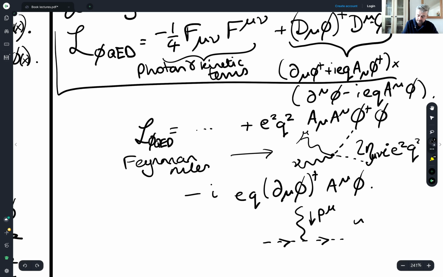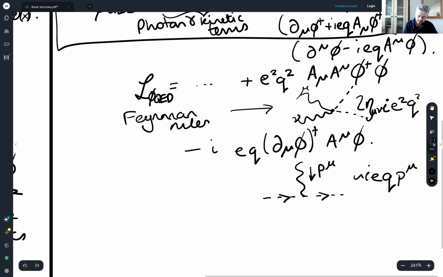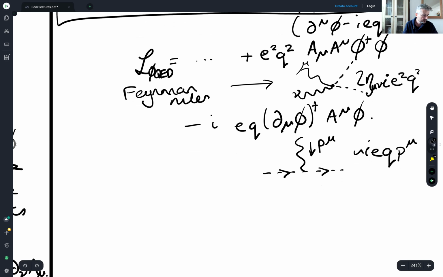This goes like the prefactor, which is eQ. And what happens with this derivative is it pulls down i times the momentum of this photon. Okay, so we get i times the momentum of the photon. All right, so that's the Feynman rule for this vertex.